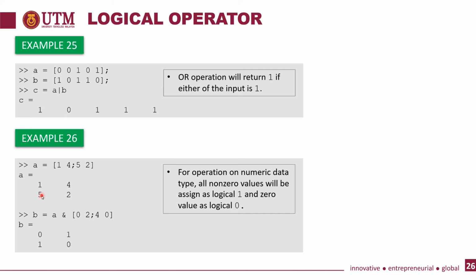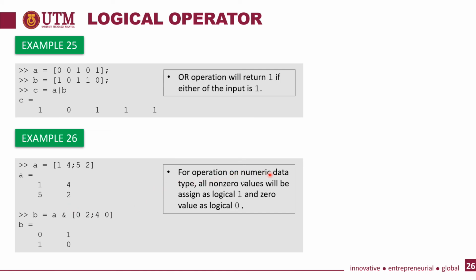The next one is 5, a number, which becomes 1 in logical. 4 is a number and it will become 1 in logical. So 1 compared with 1 will become 1. And 2 will become 1 in logical, so 1 compared with 0 will become 0, because 1 and 0 is like a multiplication. 1 multiplied by 0 becomes 0, and 1 multiplied by 1 becomes 1.